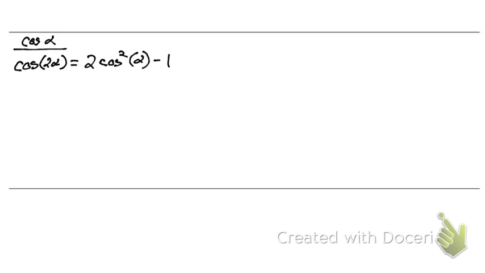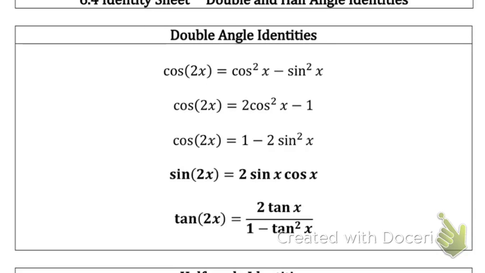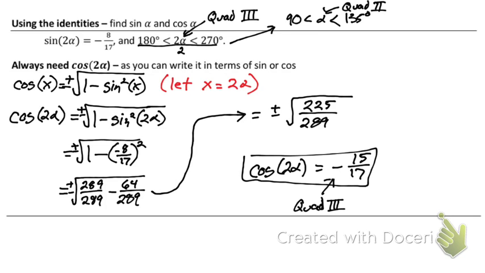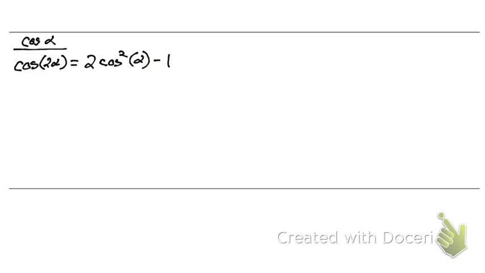Well, we know what cosine 2 alpha equals from right above: negative 15 over 17. So we're going to replace cosine 2 alpha with that negative 15 over 17 that we got from above. And that's going to equal 2 cosine squared alpha minus 1.